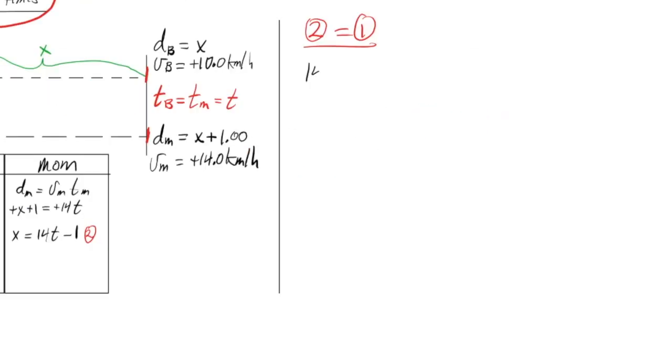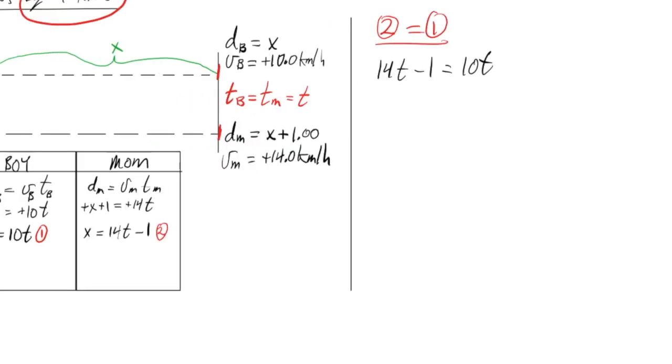Okay, so that's going to be 14t minus 1 is equal to 10t. Again, doing SAMDEB. We're going to do two things at once. I'm going to take that subtract 1 and I'm going to bring it to the other side. And the opposite of subtraction is addition. And I'm going to take this positive 10 and bring it to this side, and that will become a negative.